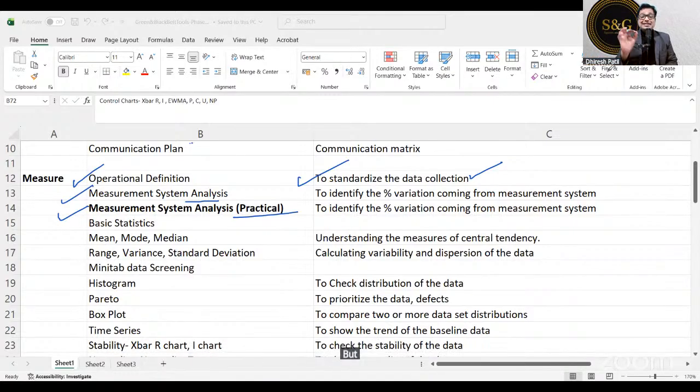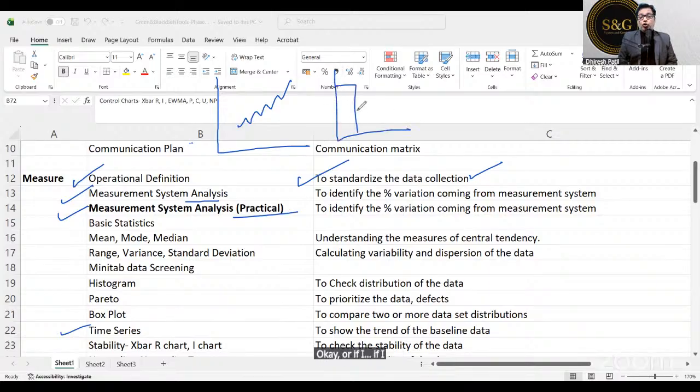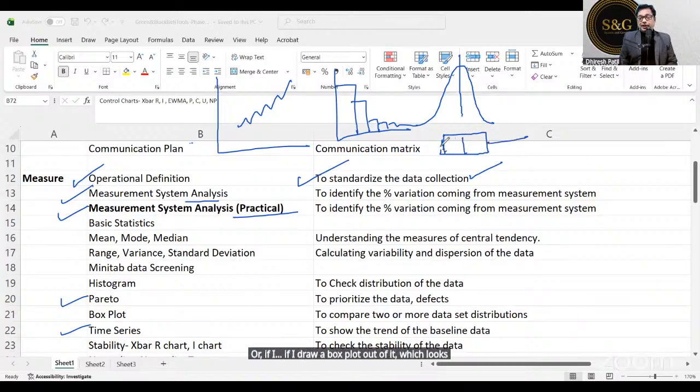But instead, if I make a trend out of it, which is nothing but a time series plot, this one, or if I make a Pareto out of it, which you can see here, or if I come with a histogram, which is this normal distribution data, or if I draw a box plot out of it, which looks something like this.